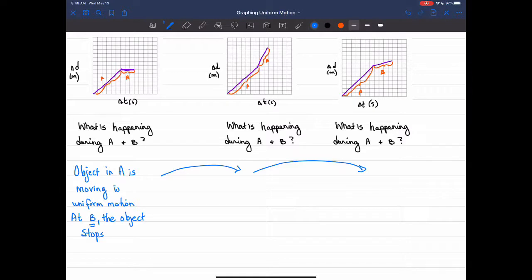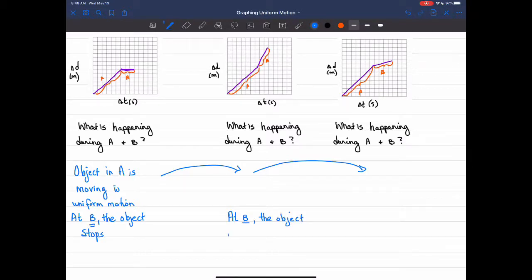In the second scenario, the object is moving at uniform motion. And then at B, I was traveling a certain amount of distance over time. And now, look at how much more quickly my distance is changing in the shorter time interval. So at B, my object is speeding up.